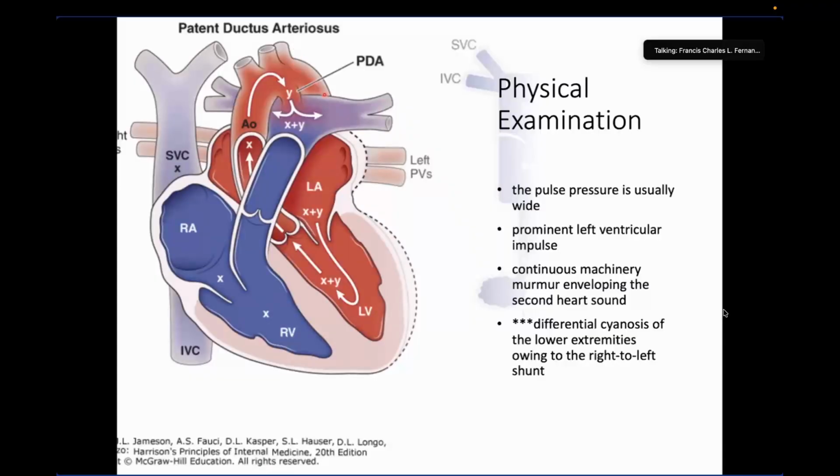So you could have cyanosis in the lower extremities, and clubbing of the distal digits, because the megakaryocytes that are supposed to be filtered in the pulmonary circuit go into the extremities.